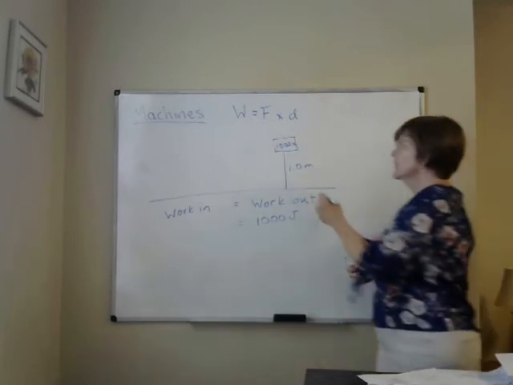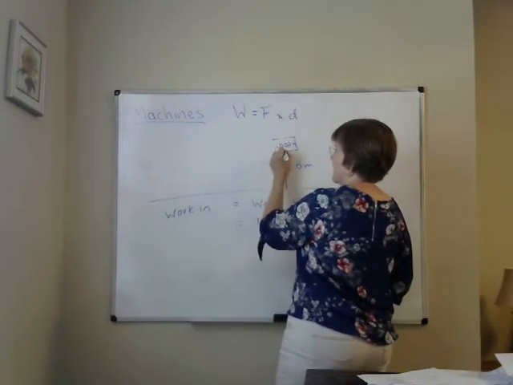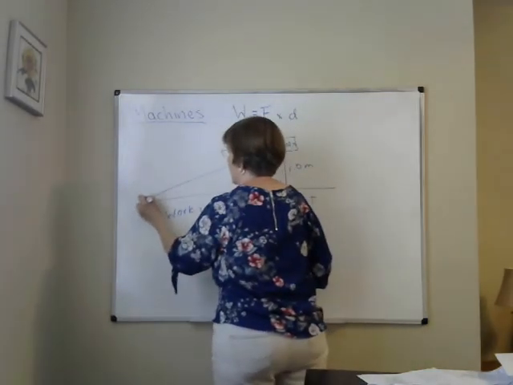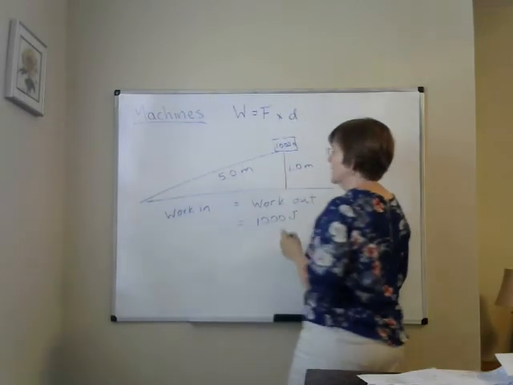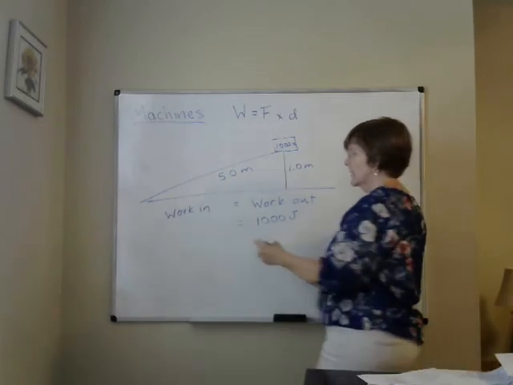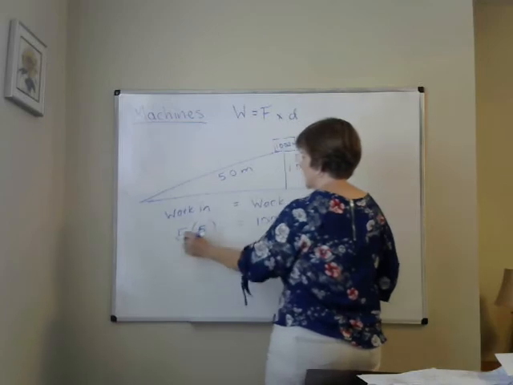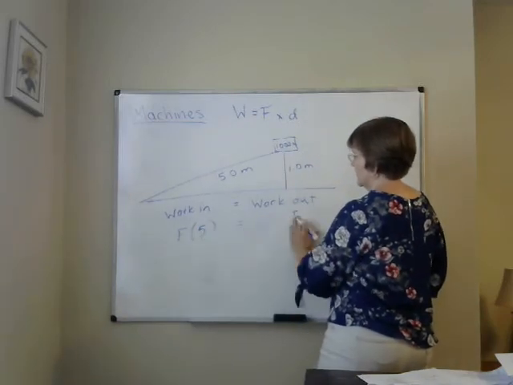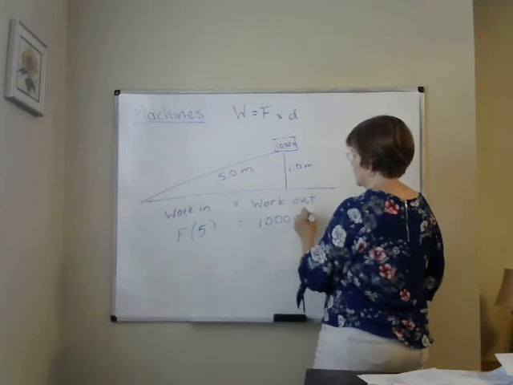However, what if I use a ramp? Instead of lifting it straight up, I use a ramp that's 5 meters long. If I use a ramp that's 5 meters long, then my force times distance here, this was 1,000 newtons times 1 meter.